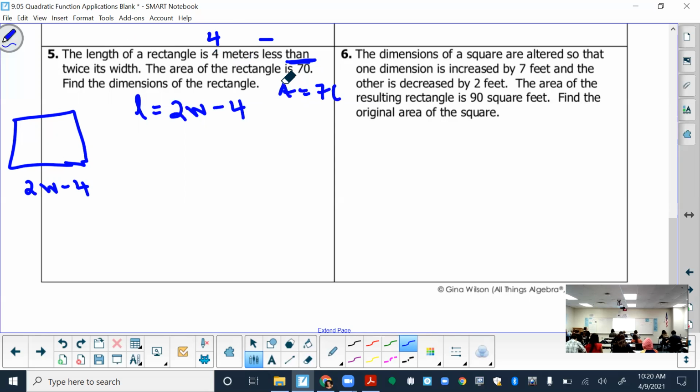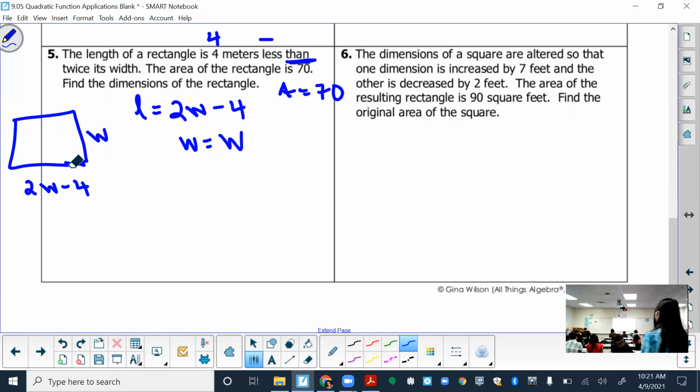Does it tell me anything about what the width is? Like any details about the width? The width is just an unknown. When something's unknown, we usually label it with a variable. We can label it as W. We can label it as X if we want. Make this X or 2x minus 4.